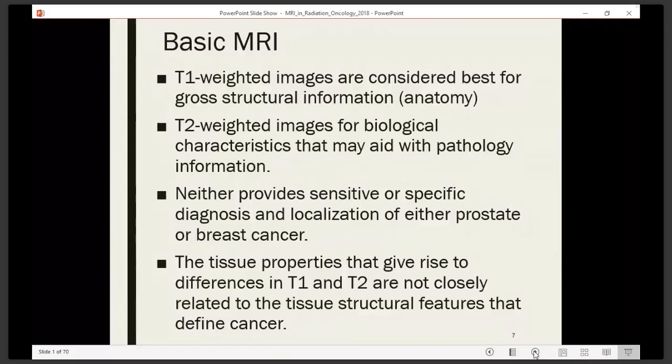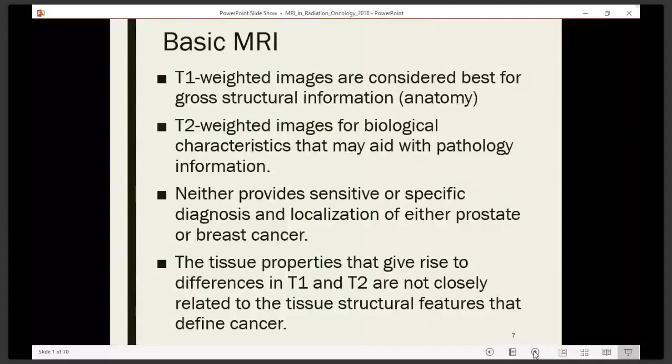However, neither of these approaches provides a sensitive or specific diagnosis of localization in prostate or breast cancer or anything else. And so radiologists use multiple different contrasts in order to diagnose particular types of pathologies, and they have a good understanding of the way contrast varies in different types of pathologies, including different types of cancers.